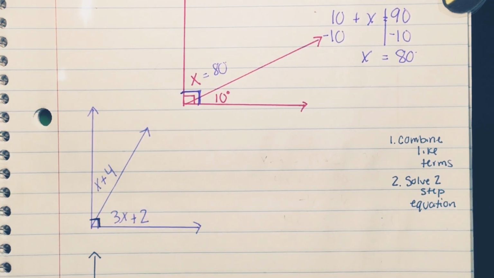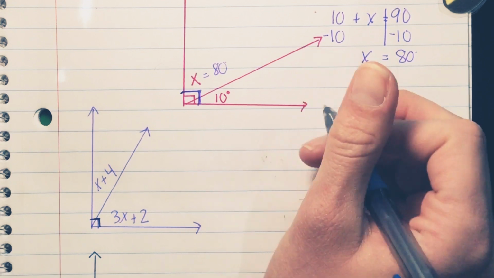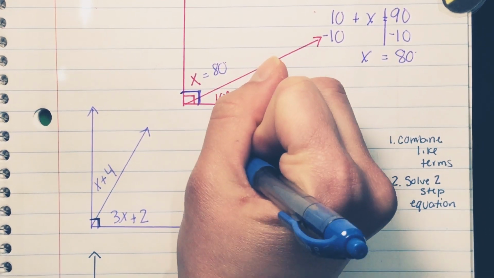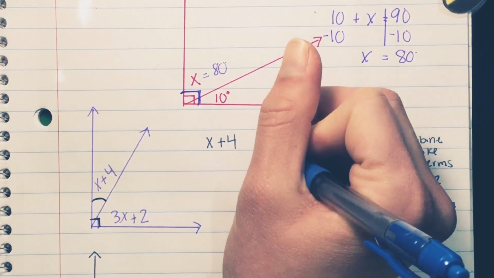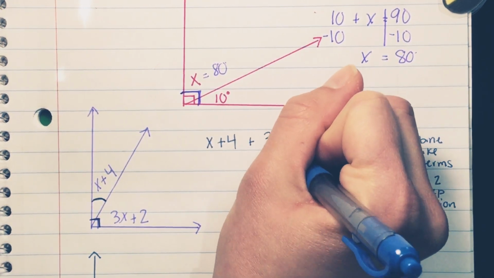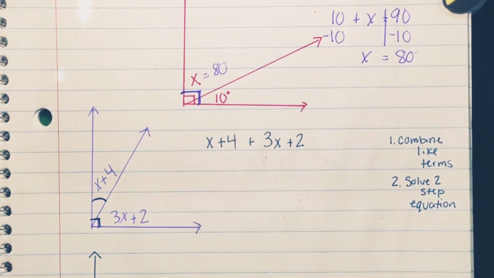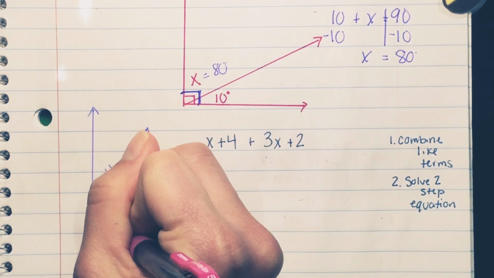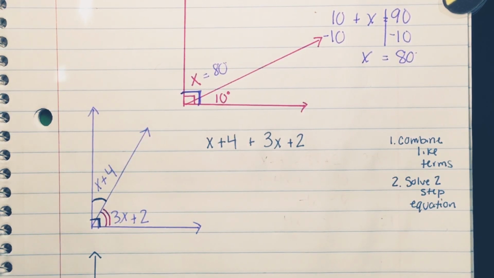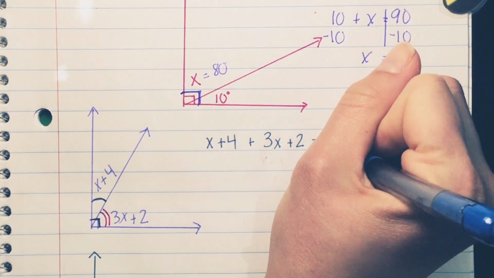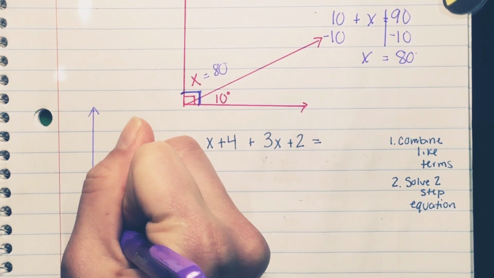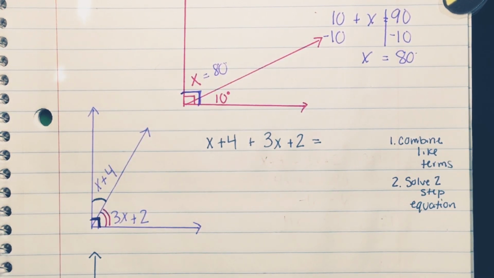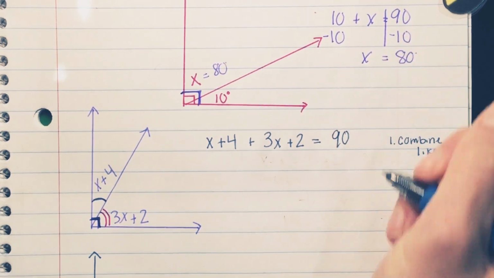Setting it up would look like this: x plus 4, which is this angle right here, and then plus 3x plus 2, which is this angle right here. Okay? So that equals 90 degrees. We're just setting up a problem that equals 90 degrees.